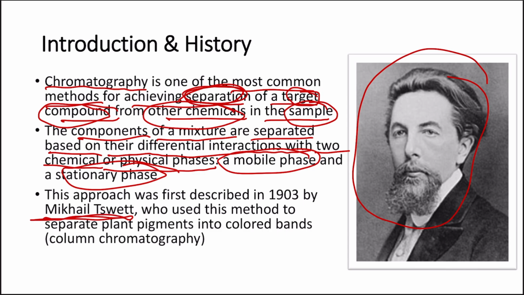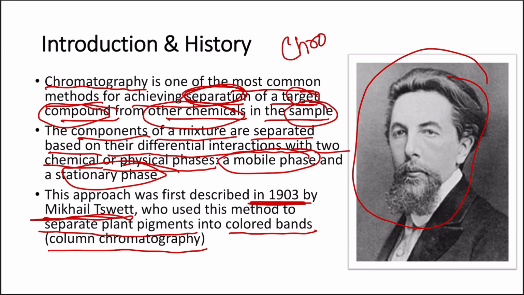Michael Sweet was the individual who first described chromatography, in the year 1903, and he used this technique for separating several plant pigments into different colored bands. For this he used the type of chromatography known as column chromatography. We will be discussing this also. He was the person who coined the term chromatography.